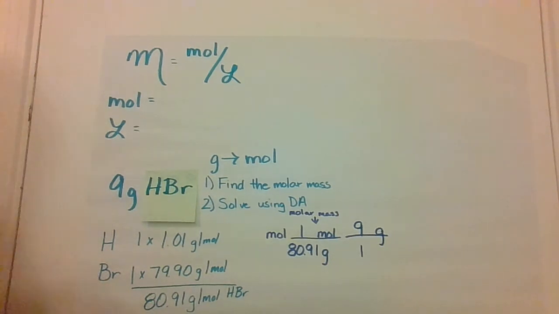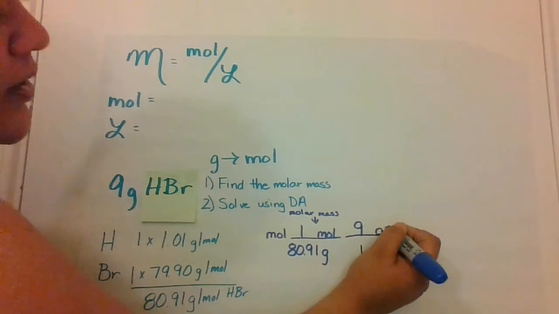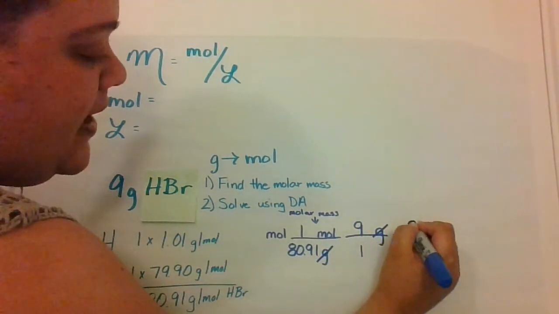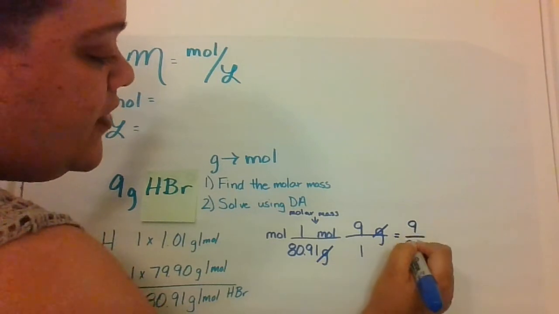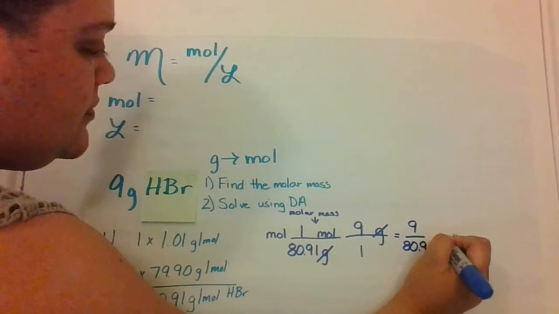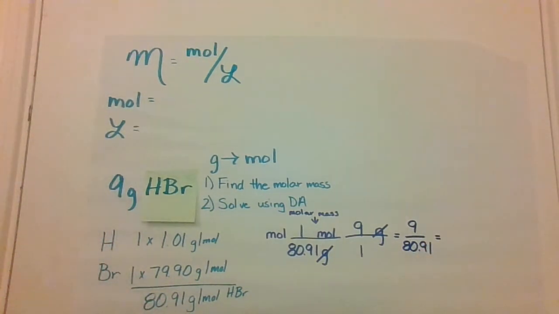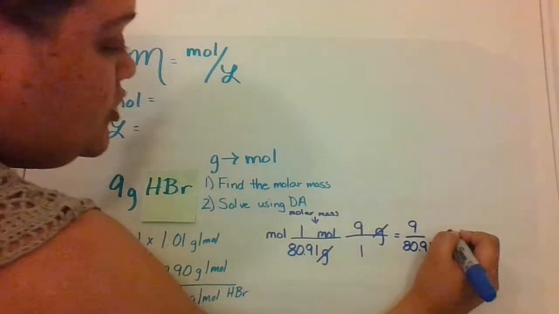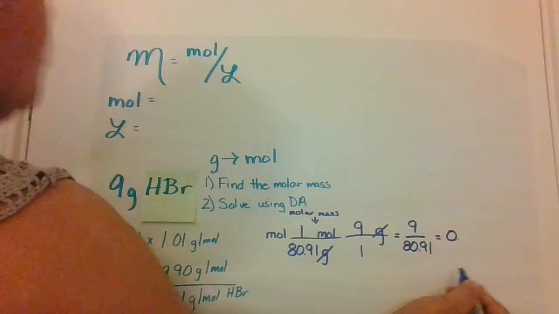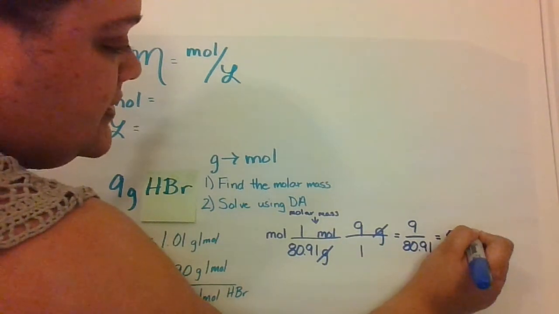So now we can go through crossing out like terms. And we're going to have 9 over 80.91. Go ahead and put that into your calculator and solve. And yes, you will end up with a long number. No, you will not round it at this time.